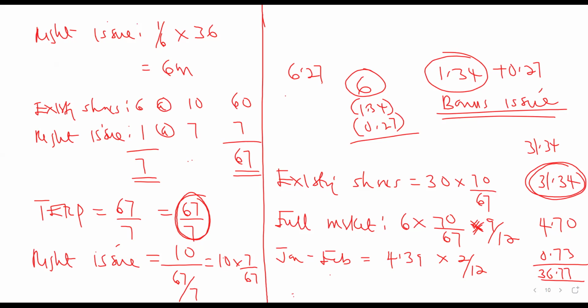Right issue is not coming with any value. So that is why we normally use the right issue fraction. But since the bonus, that's why we use the bonus issue fraction. But since the right issue is coming with market value, then let's adjust the market value. That's why we always calculate the theoretical ex-rights price.